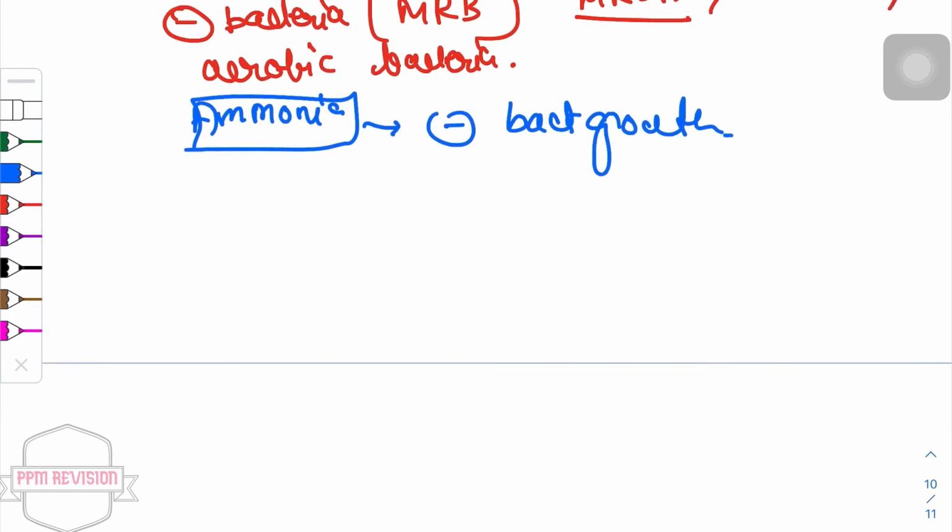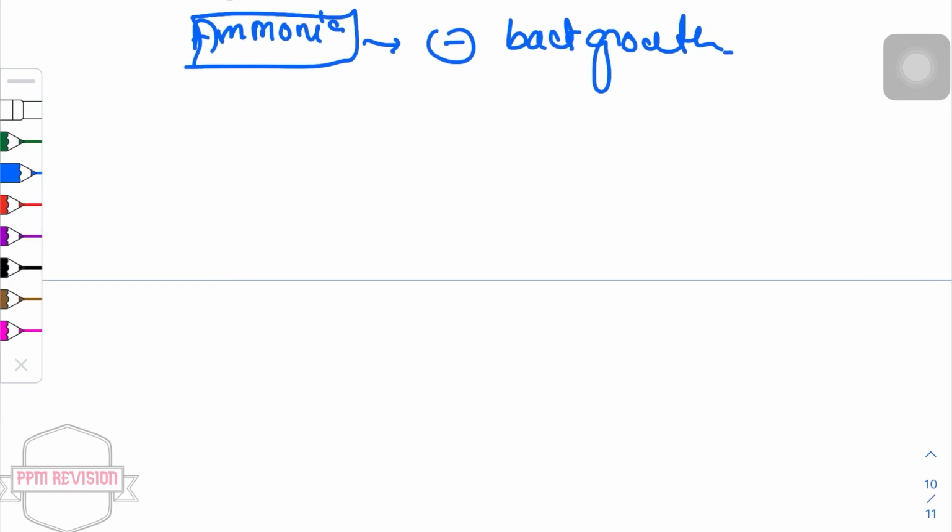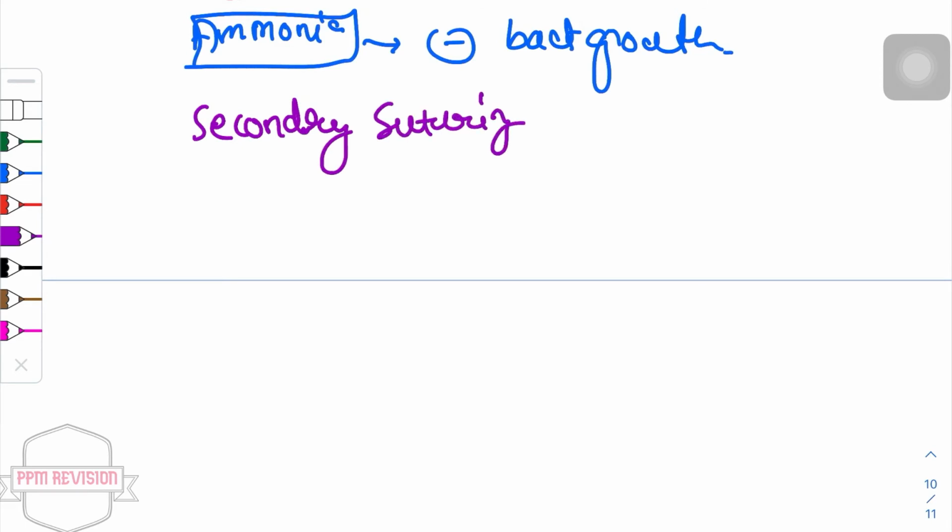Once the ulcer has granulated, the defect is closed with secondary suturing. Post that you can do secondary suturing, and after the secondary suturing you can also go ahead with skin graft or flaps.